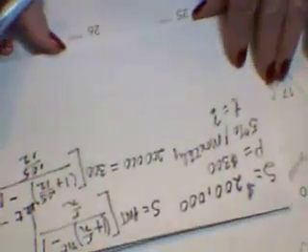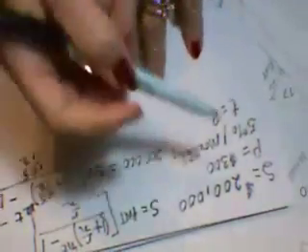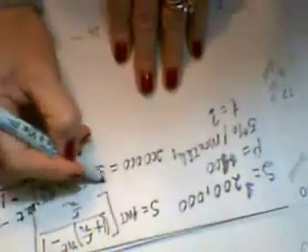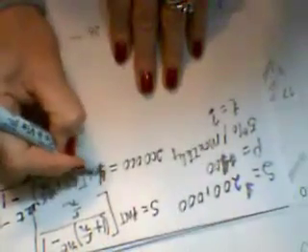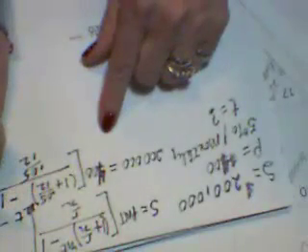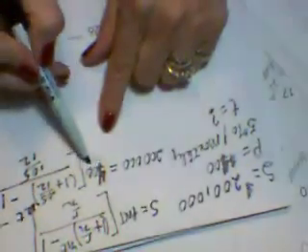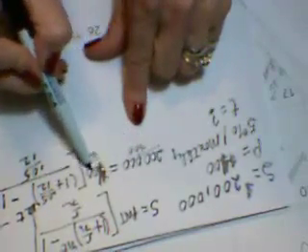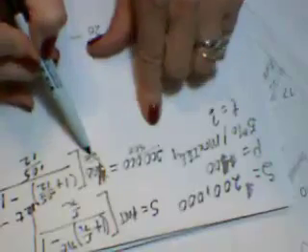Alright, so I'm going to change my payment to be $400 a month. So now I can divide both sides by 400, and that gets rid of this part of the problem.